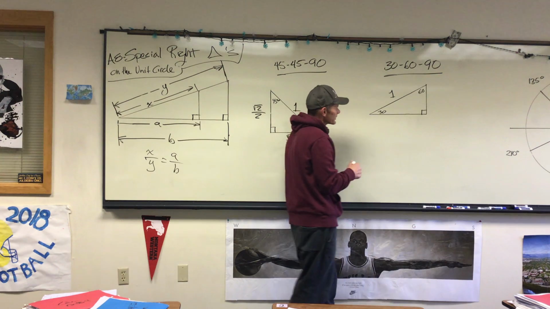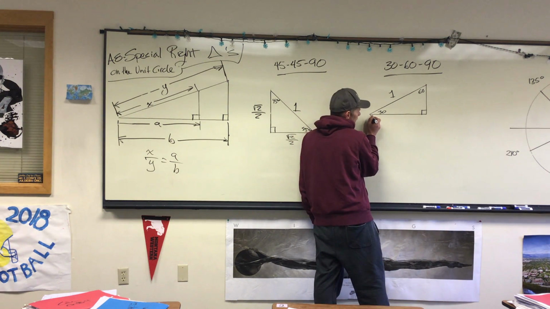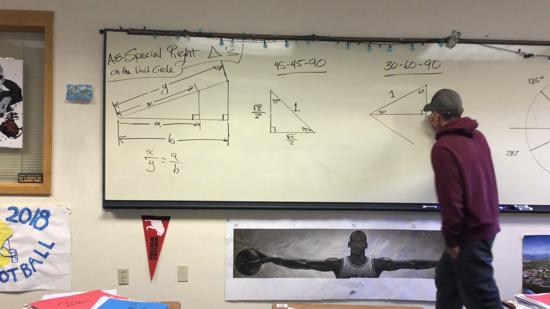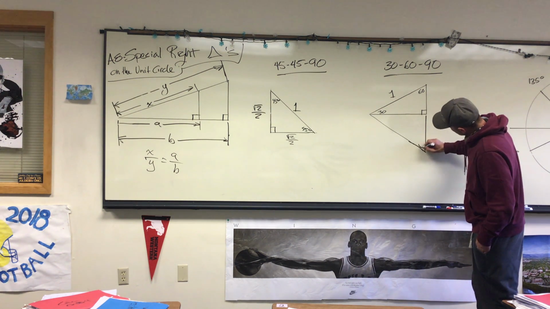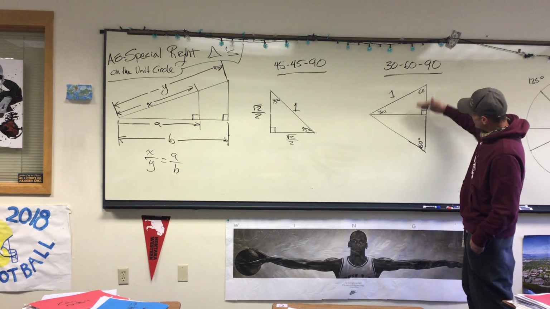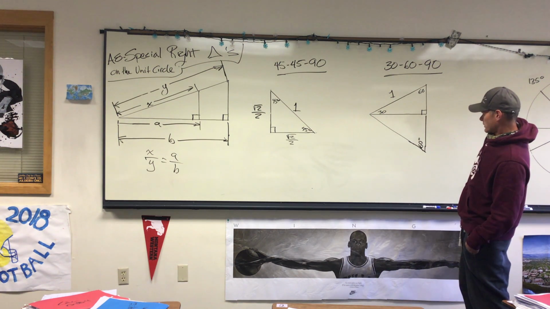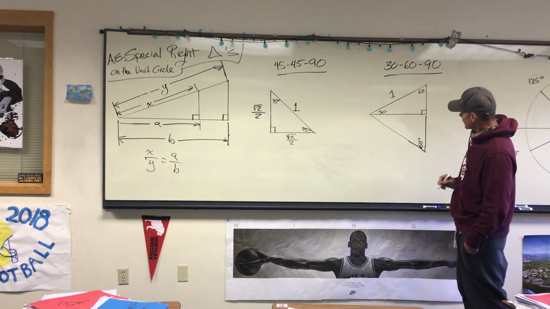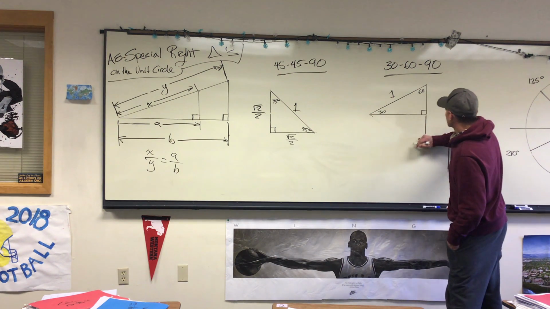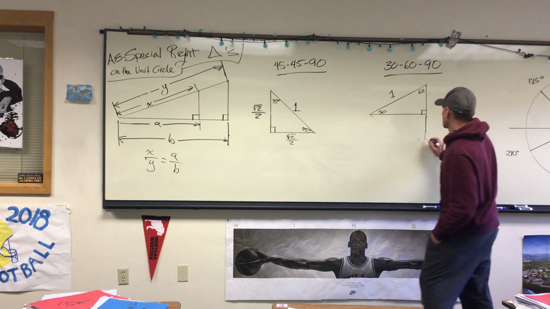Moving on to the 30, 60, 90. This one, we'll do a little clever trick here and make it an equilateral triangle. We're going to reflect a copy of it. Mine's perfectly reflected, as you can see. They're exactly the same size. I'm going to draw it a little better, just because I can.